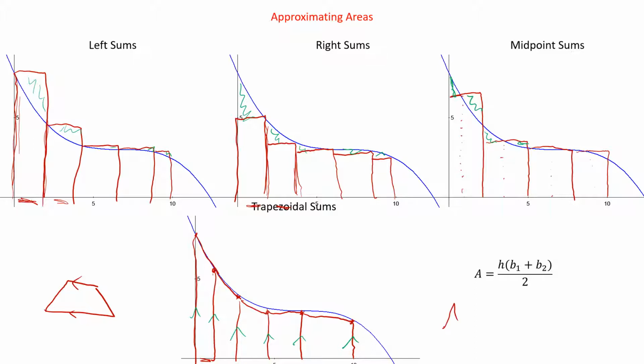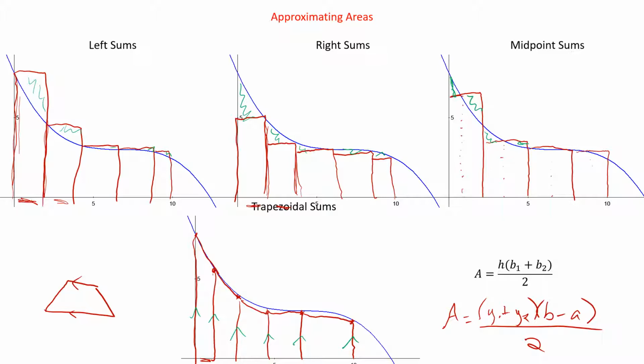In our case, this usually looks like the base 1 plus base 2 is going to be y1 plus y2. The height, that's the width, is going to be x minus x. If we're looking from A to B, that'll be B minus A, over 2.